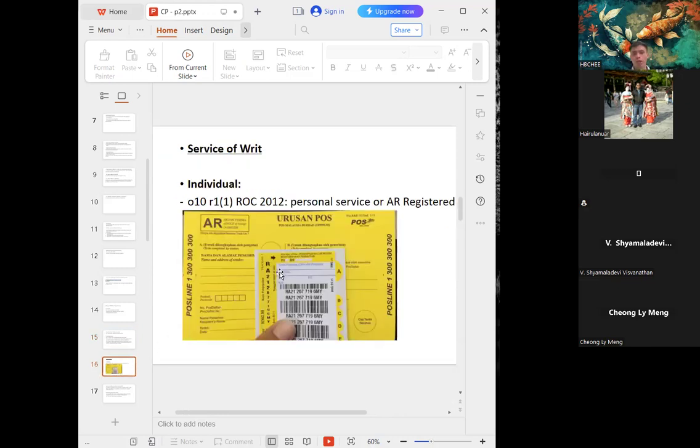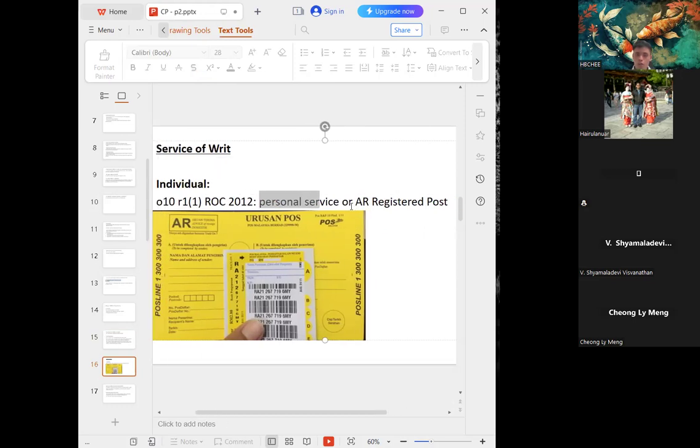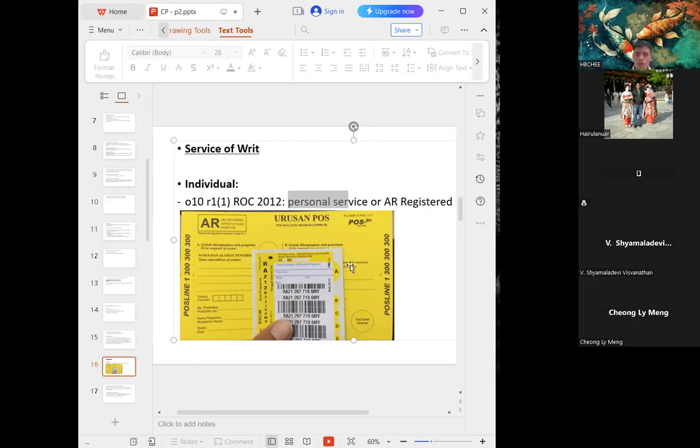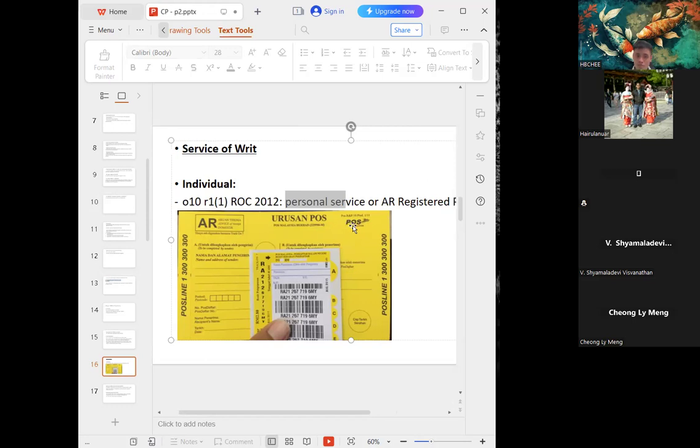Now, how to effect the service of writ? If you serve the writ on an individual, this is given under Order 10 Rule 1 Sub 1: personal service or AR registered post. For convenience, I have shown what the AR registered post is.